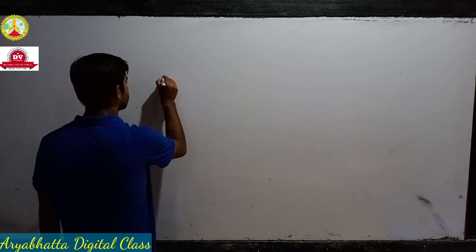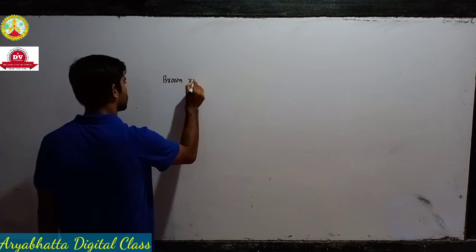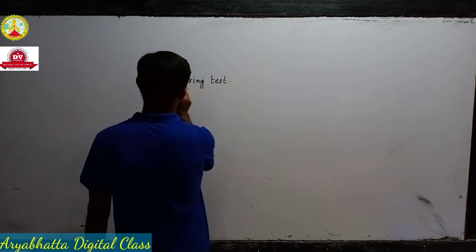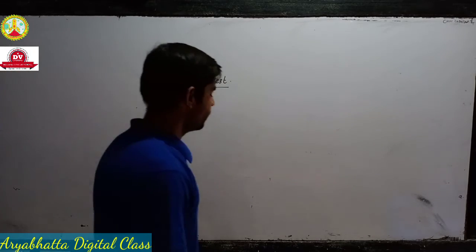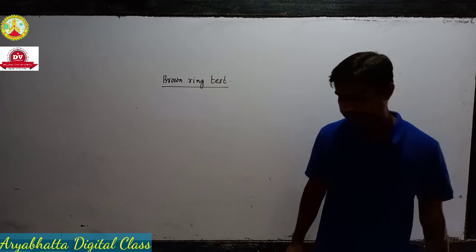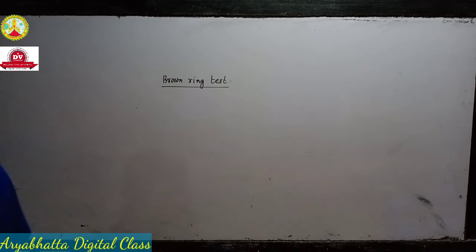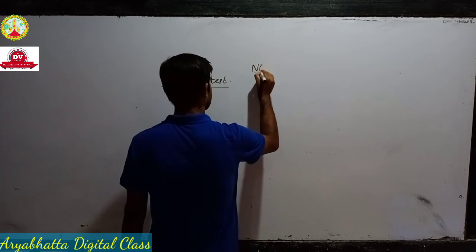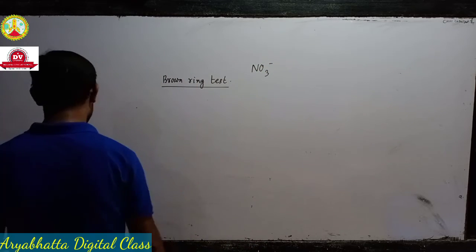Brown ring test, very important reaction. Brown ring test or simply ring test. Ring test is a reaction used in the chemistry laboratory to determine the presence of nitrate radical. This radical is detected by using the brown ring test.